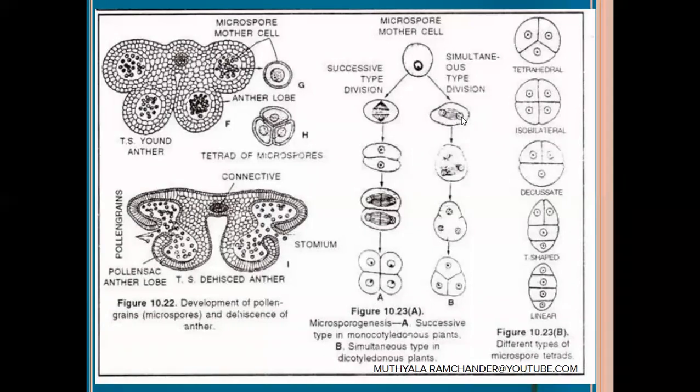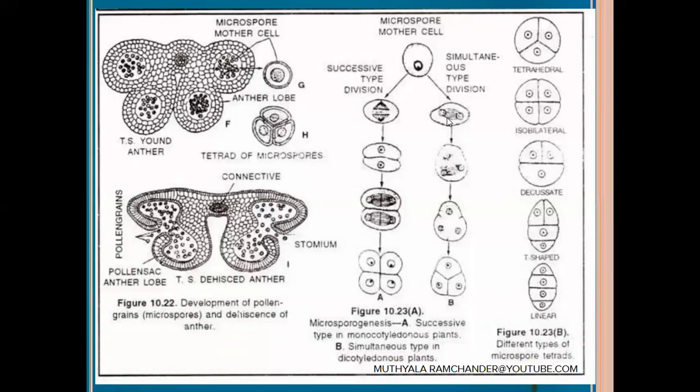In the first meiotic division, through karyokinesis, 2 nuclei are formed in the mother cell. The 2 nuclei again participate in the second meiotic division of karyokinesis. Finally, they develop into 4 haploid nuclei. After the 4 haploid nuclei, the cytoplasm is divided into 4 parts.